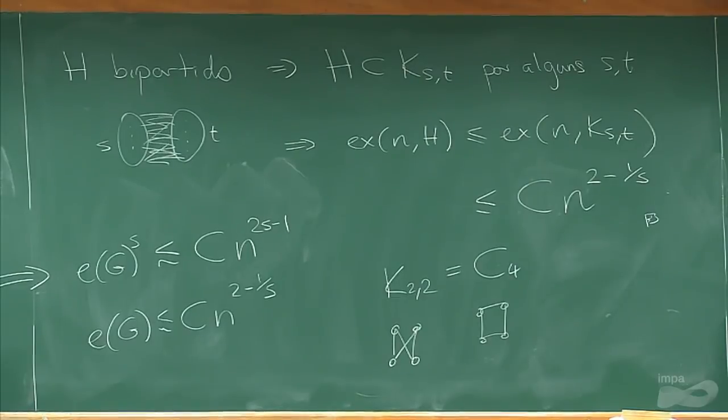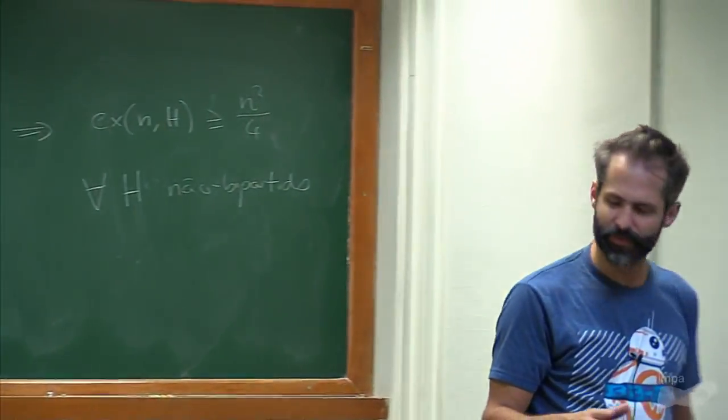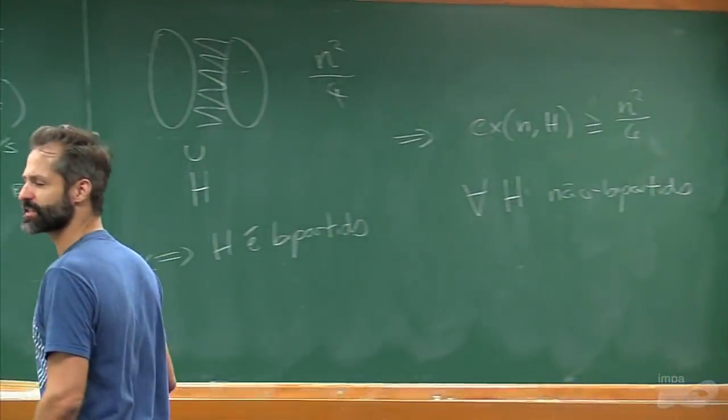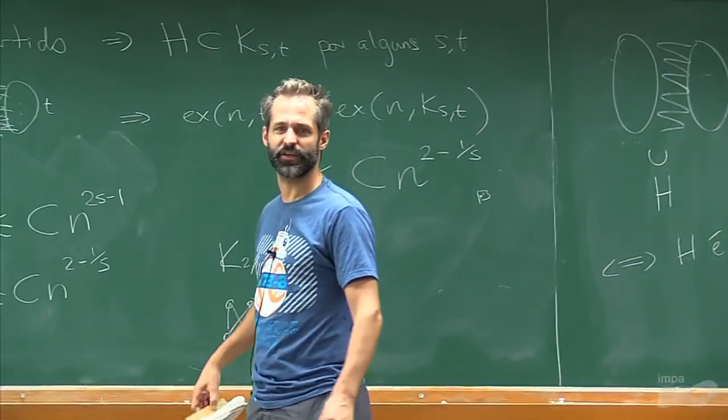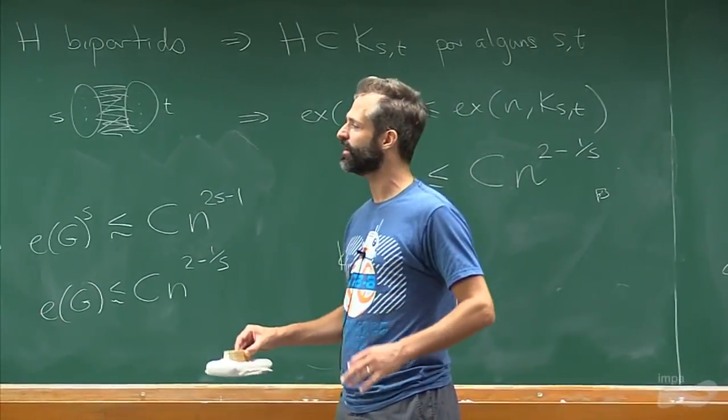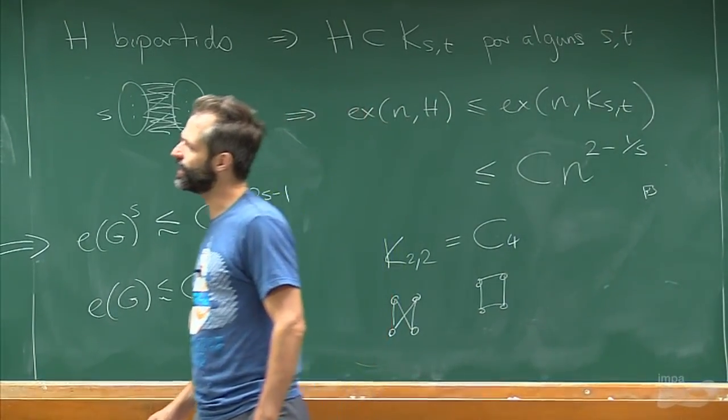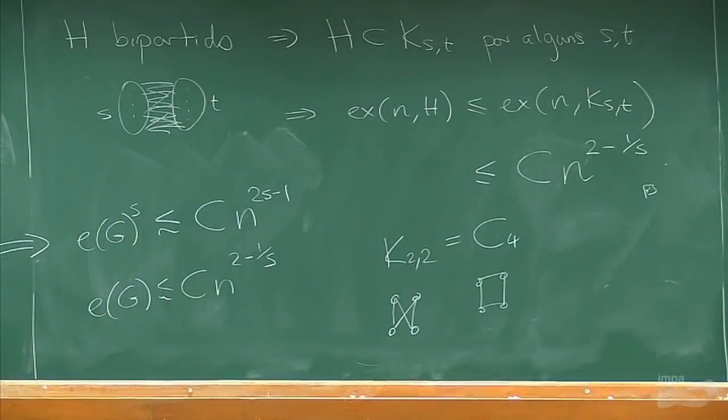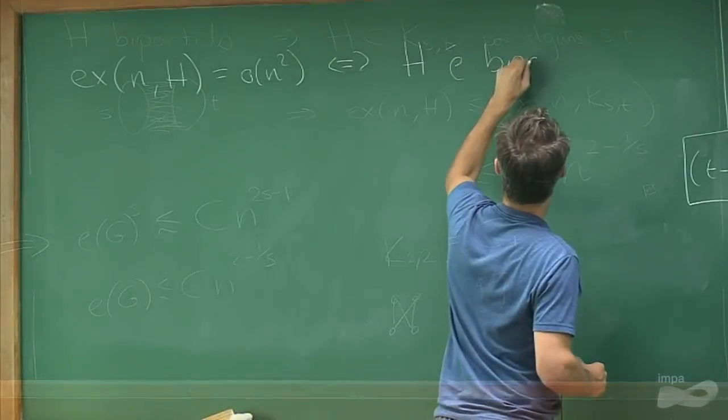Okay. On Monday, perhaps we'll take a slight change of tack and do some more basic graph theory. As a warm-up for that, you can think about the following question. We showed just now that the extremal number of H is little o of n squared if and only if H is bipartite.